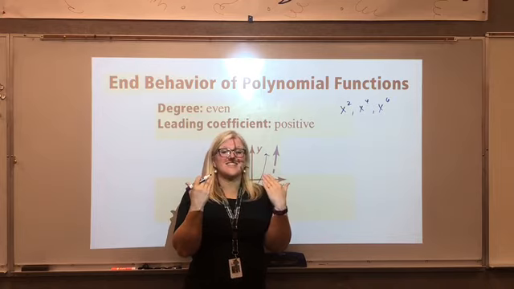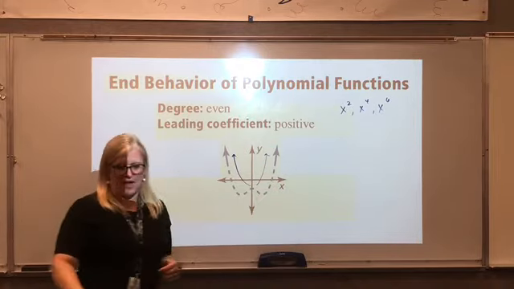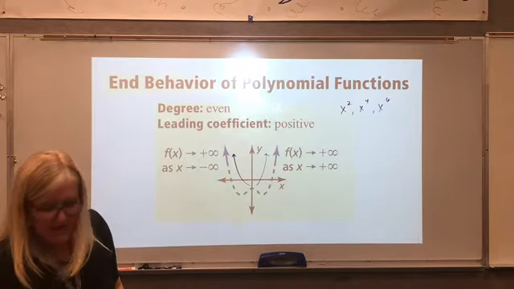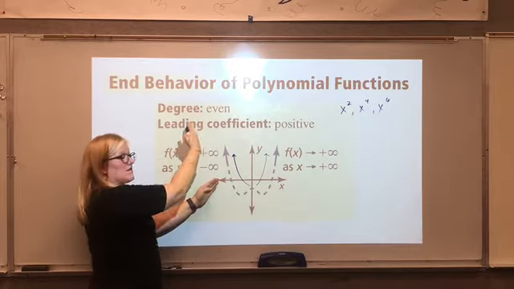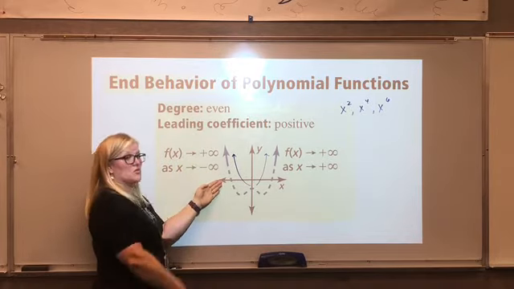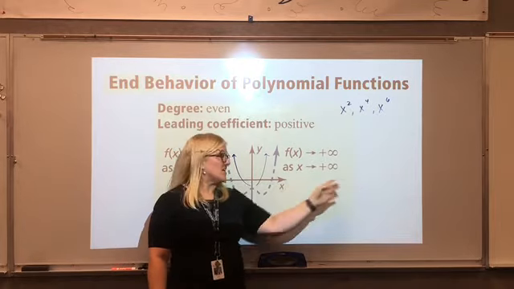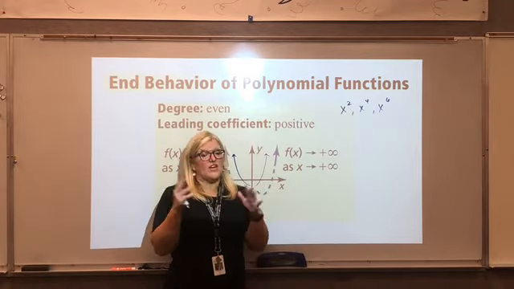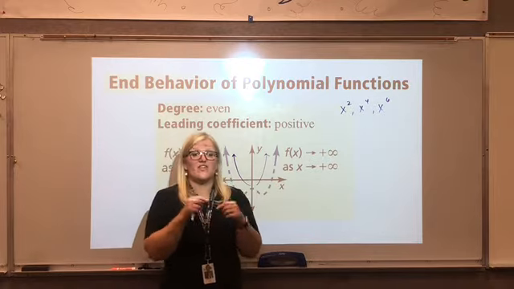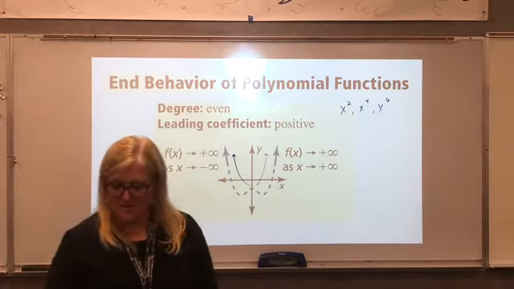So if they have positive leading coefficients, then we're positive when we smile. So this is kind of that smile. All right, so as x approaches negative infinity, f of x, or y, is going to approach positive infinity. And as x is approaching positive infinity, f of x is also approaching positive infinity. So we're all very positive here, right? So if it is an even degree, everything goes up. So you can probably guess what's next.